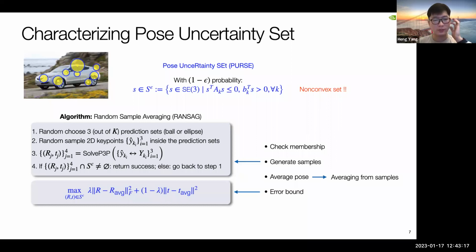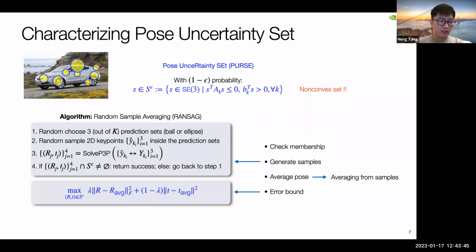Of course, I should be more explicit: it is an upper bound with a 1 minus epsilon probabilistic guarantee, right? Because if the key points fail, there is still a small probability that the ground truth may not lie within the purse. But in general, if you believe with 90% confidence that your ground truth lies within this purse, then you should also believe that this error bound is correct with 90% confidence, right? So that's how we compute the error bound.